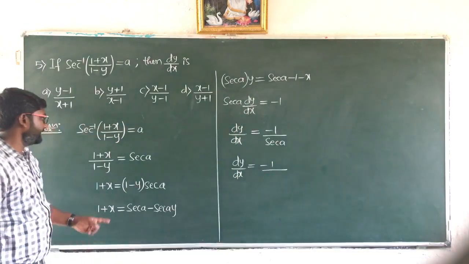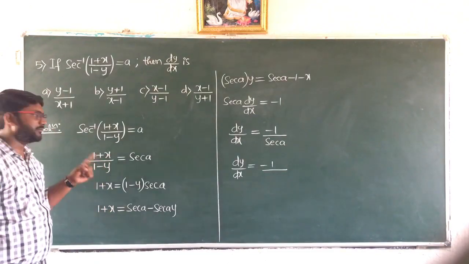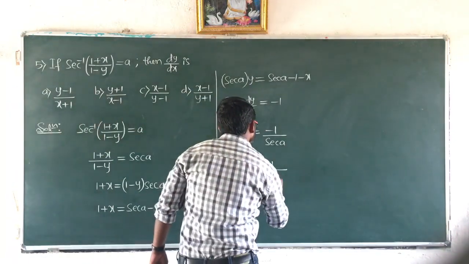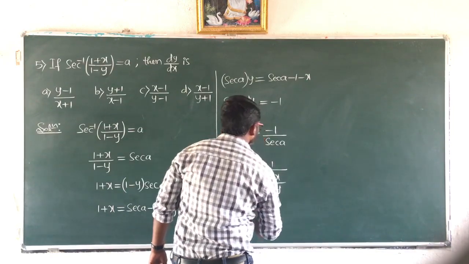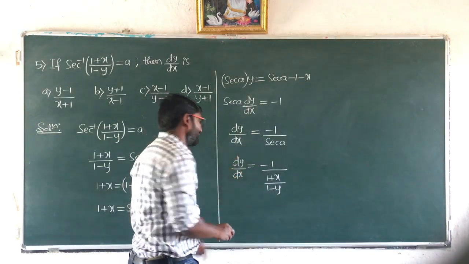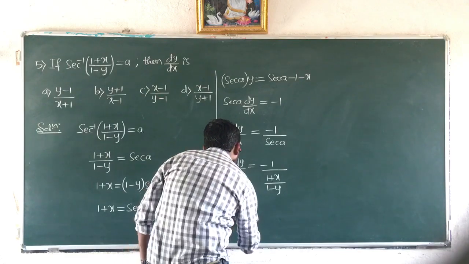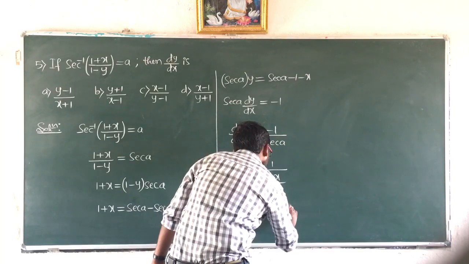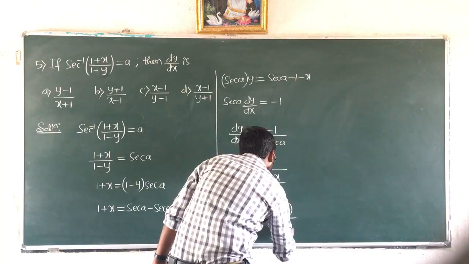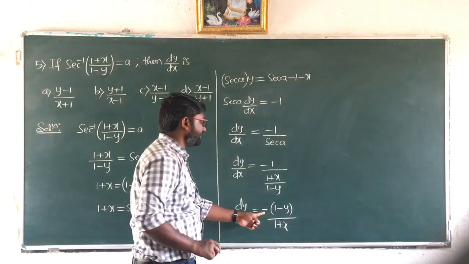What is secant a here? It is 1 plus x by 1 minus y. 1 plus x divided by 1 minus y. Now this goes to the numerator. Dy by dx, which is equal to minus 1 minus y divided by 1 plus x. Now multiply minus inside the bracket.